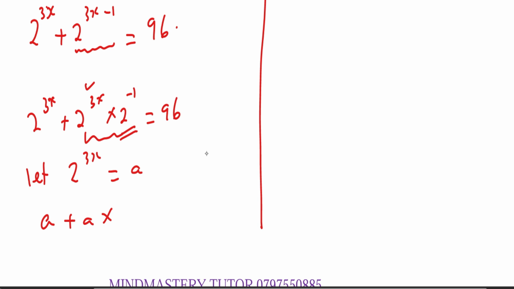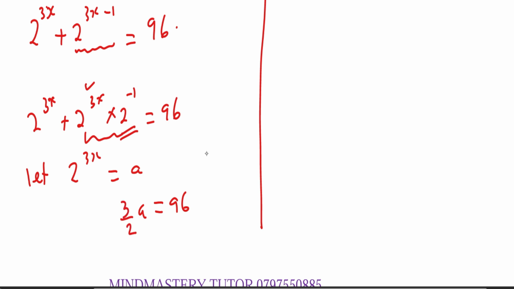What is this? We take the reciprocal, which is 1 over 2 to the power of 1, which is equal to 96. So half times A gives you half A. And A plus half A, which is 1 plus a half, gives you 1.5 A. 1.5 A can be written as 3 over 2 A.